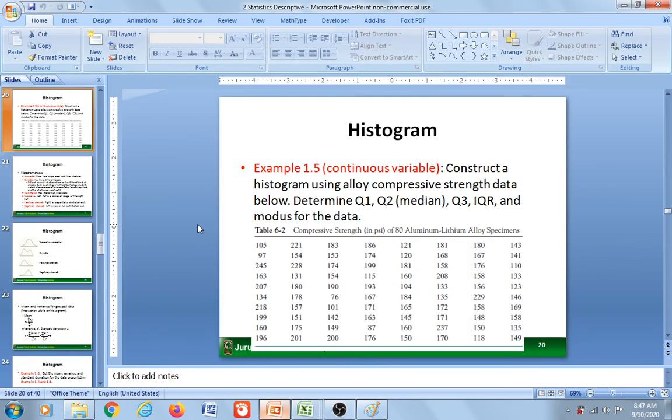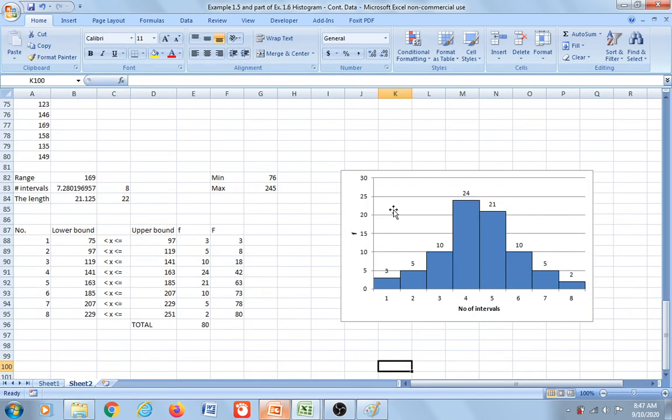Now I'm coming back to the slides. It is asking for Q1, median, Q3, the interquartile range, and the mode. Now we are going to calculate Q1. Remember, what is Q1?